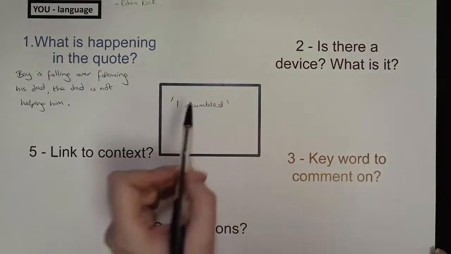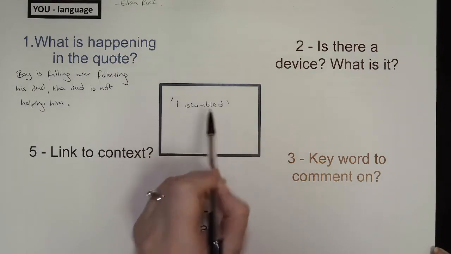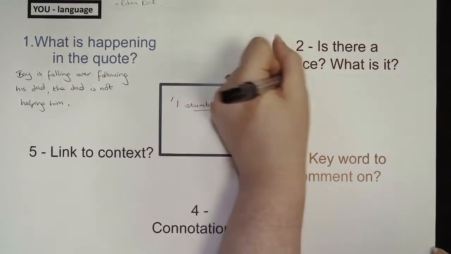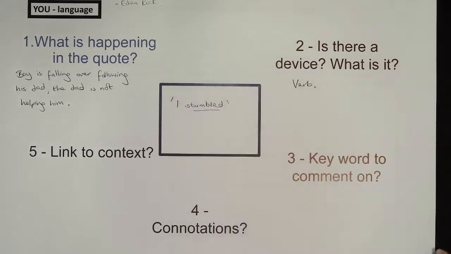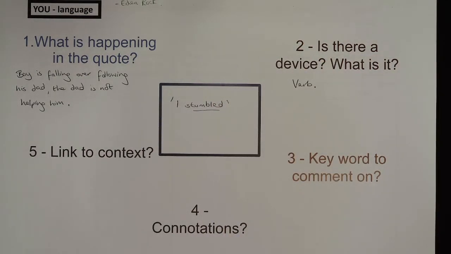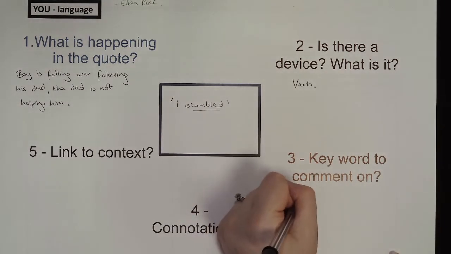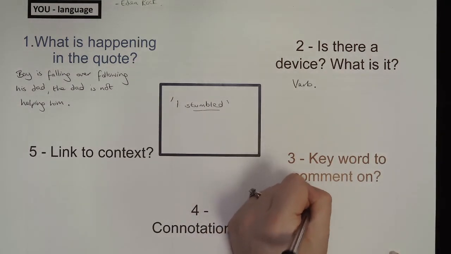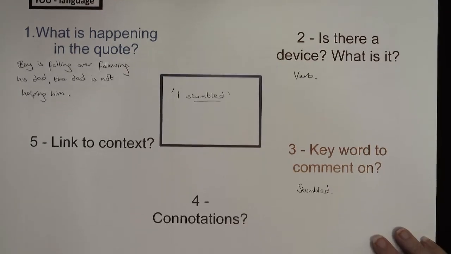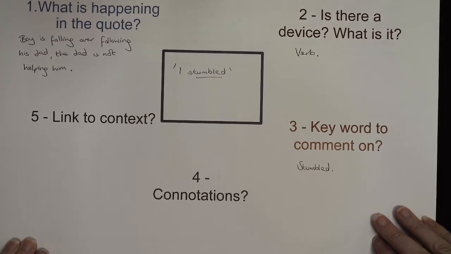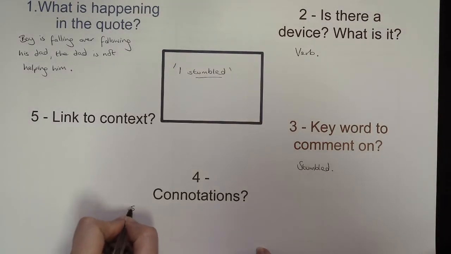Well, I've only got 2 words. I'm going to do this one, stumbled. And what is stumbled? It is a verb. So that is the device present in my quotation. What is the key word to comment on? Well, again, I'm going to write stumbled because I think that is the key word in this quotation. But I could write about I if I wanted to. So the connotations. Remember, connotations are what come to your mind when you think of the key words. So, stumbled.